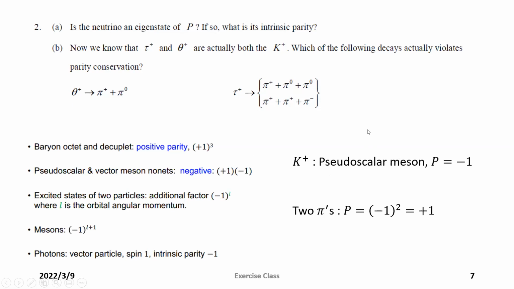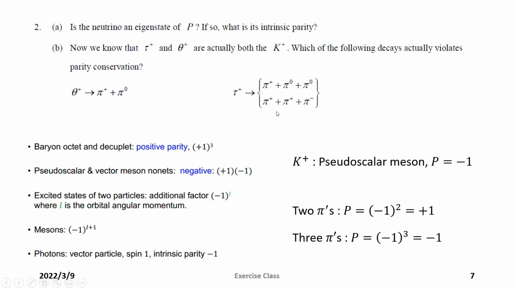And on the right-hand side, for the case of 2 pions, you just have to multiply -1 twice, because for a pion, the parity is -1. So for 2 pions, it's just (-1) squared. So the parity on the right-hand side will be +1.